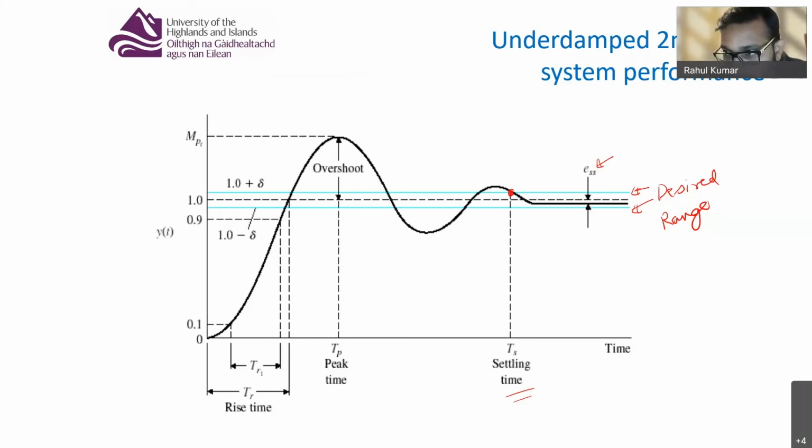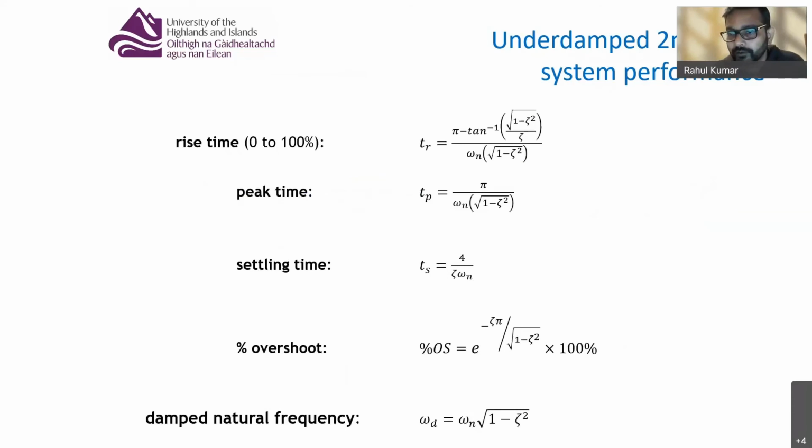So now let's have a look at the formulas for these values. Rise time you can represent by capital T R or small t r. It is essentially the same thing.